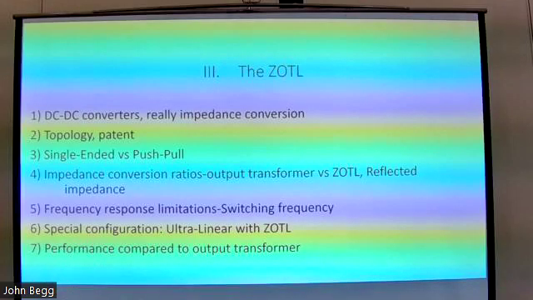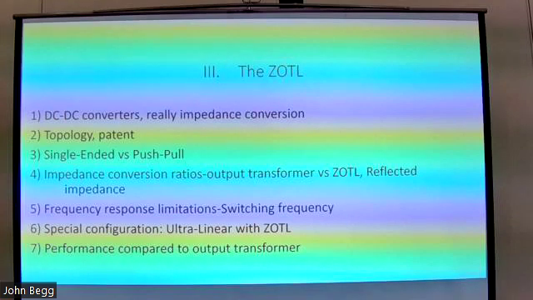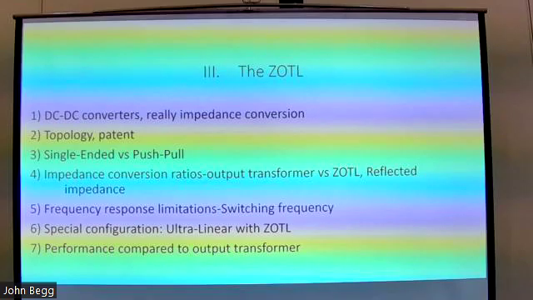When you buy a Chinese power supply to convert 120 volts to rectified and doubled, maybe 350 volts, into 12 volts or what have you, it's DC to DC conversion technology, and you're changing impedance. The high voltage side is high impedance because it's not drawing much current. The output side is low voltage, so it's much lower impedance because you're putting out a lot of current. So basically, DC to DC converter is really impedance conversion.